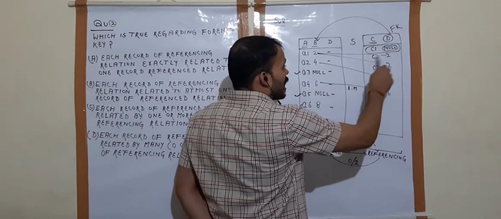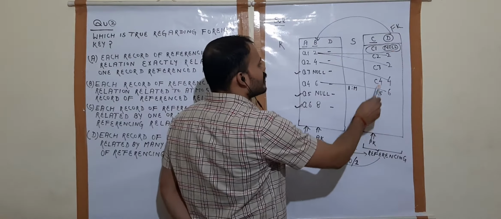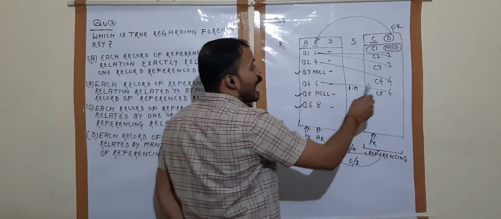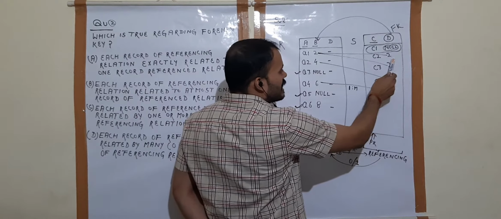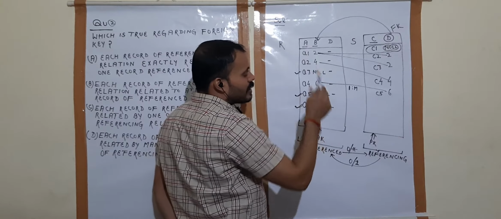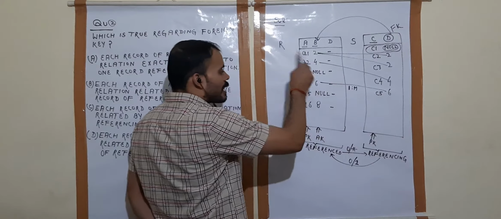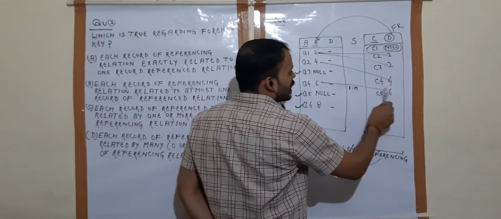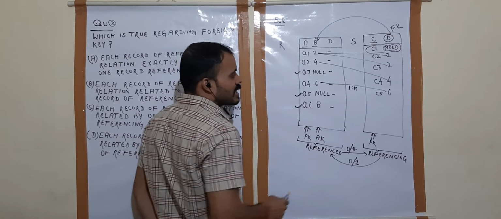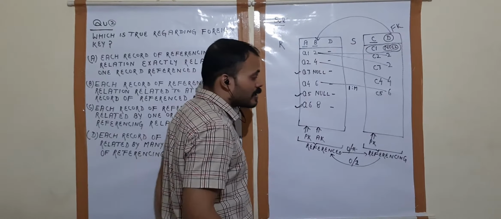Means each record of the referencing relation is either related with zero record of the referenced relation or exactly one. See here, this record is related with exactly one record of the referenced relation. This record is related with exactly one record of the referenced relation. This record is related with exactly one record of the referenced relation, and this record is related with exactly one record of the referenced relation.